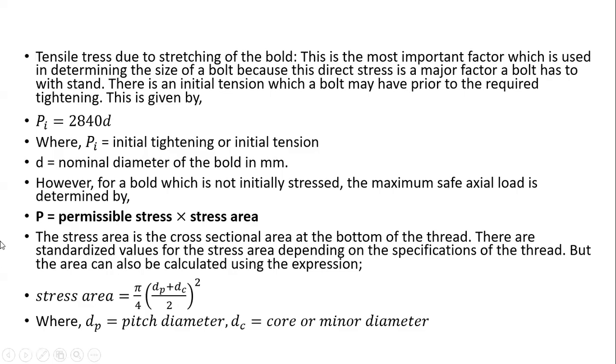Sometimes this can also be used where you find the average, the pitch diameter plus the core diameter or root diameter divided by 2, giving you the average squared over 4. Then you get the area. But when we're getting to the stress area, we'll just use π dc squared over 4, because that's where the stress concentration is highest. And failure usually begins from there.